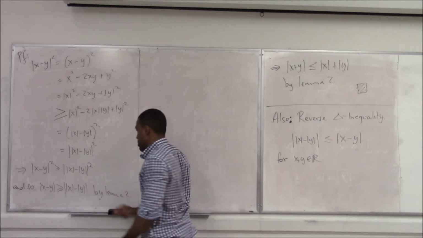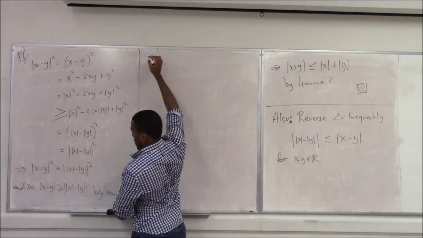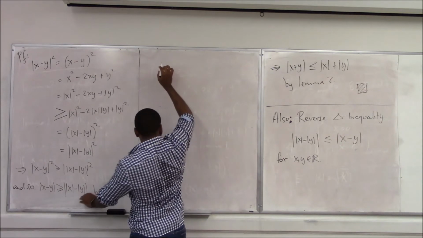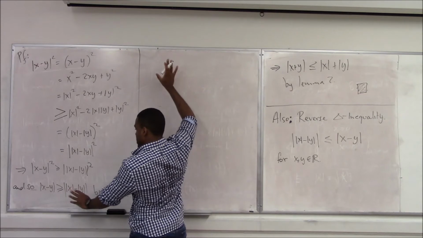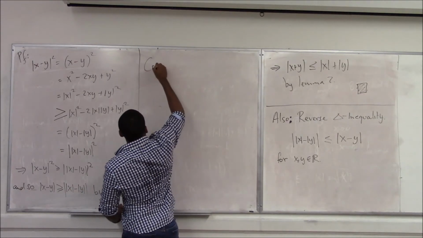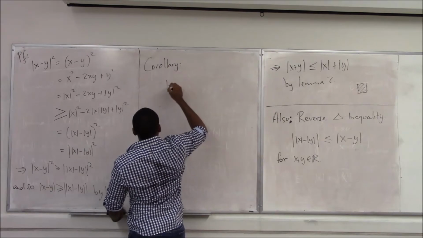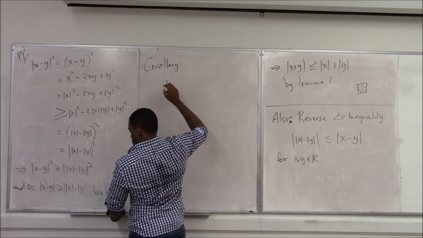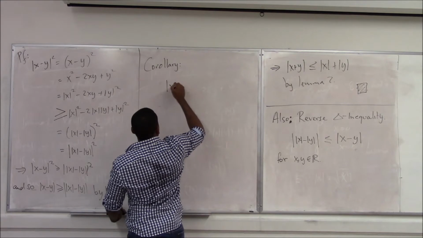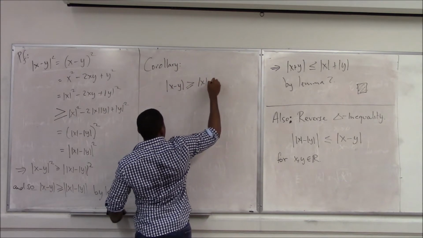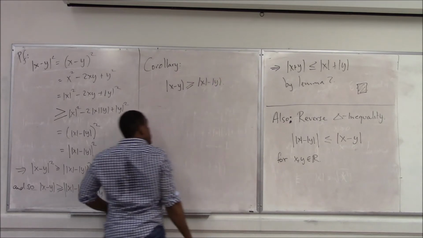Things like this will pop up everywhere, and more generalizations of this, like the Cauchy-Schwarz inequality. So it's nice to just see them. We can do a corollary here, which is to say that the absolute value of x minus y is greater than or equal to the absolute value of x minus the absolute value of y, without the outer absolute value.